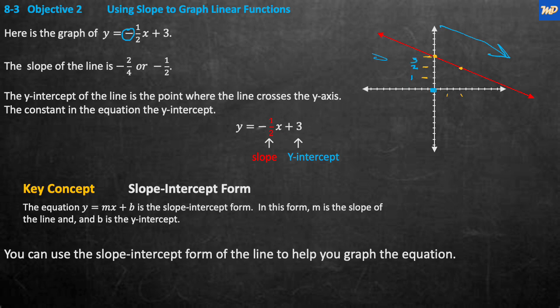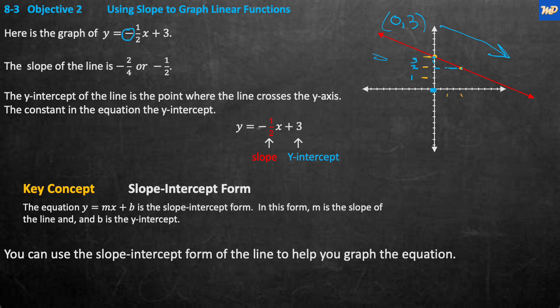So we're going to start here at 3, at 0, 3. We're going to start right here, and count down negative. Down 1 from here to here, and over 2. 1, 2.